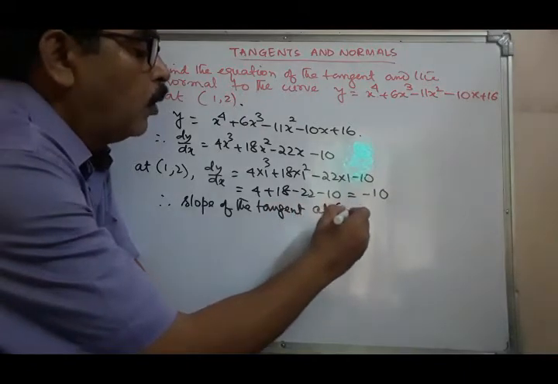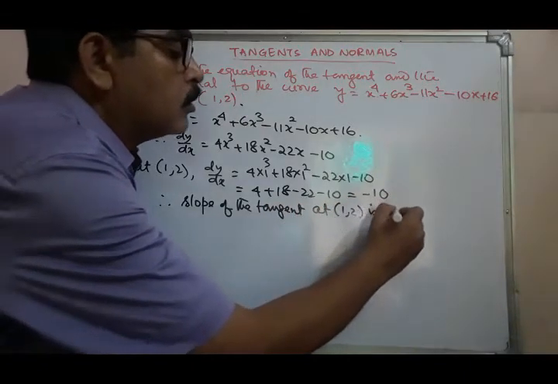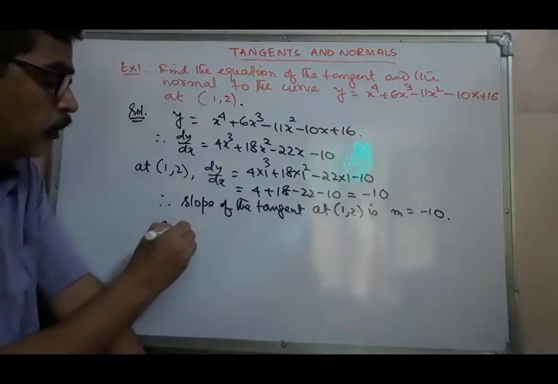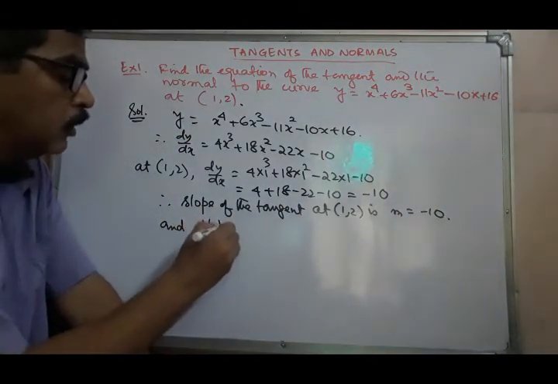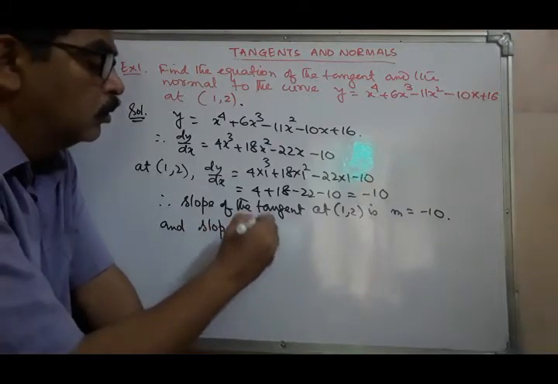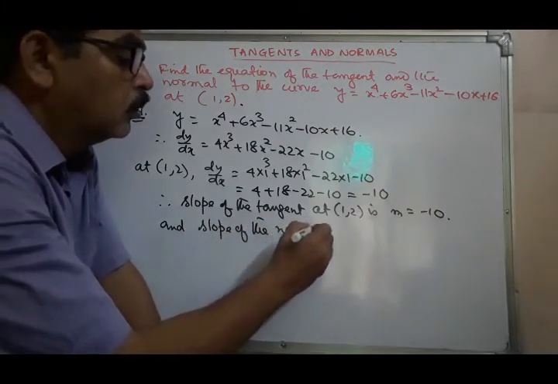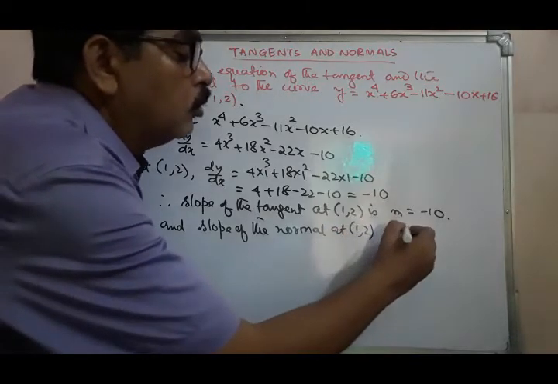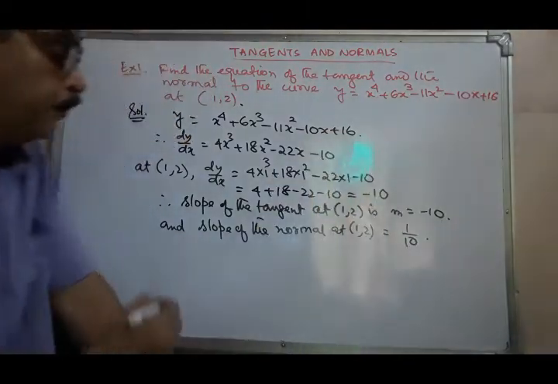Therefore, slope of the tangent at (1, 2) is m equal to minus 10 and slope of the normal at (1, 2) equal to 1 by 10.